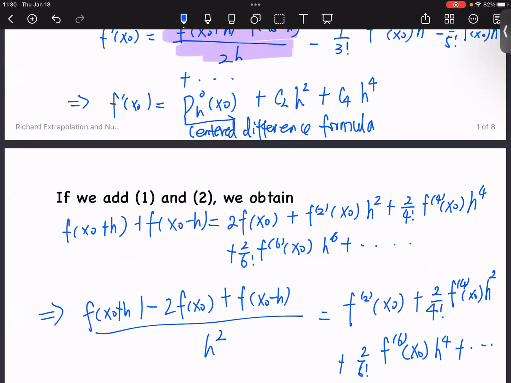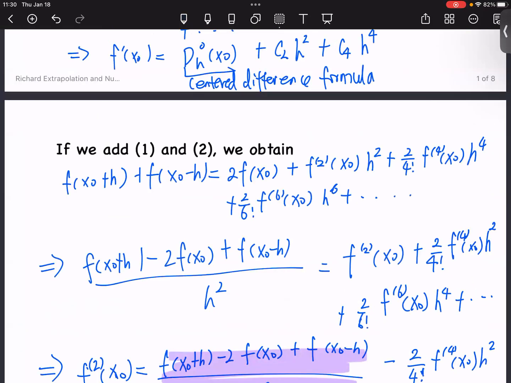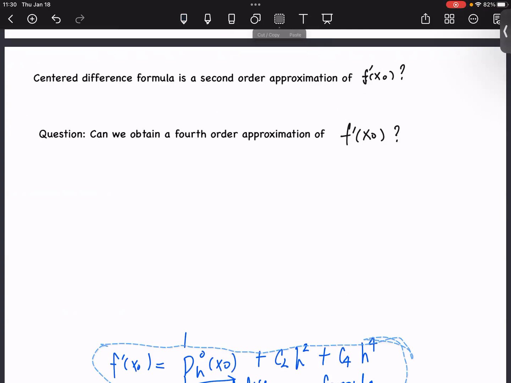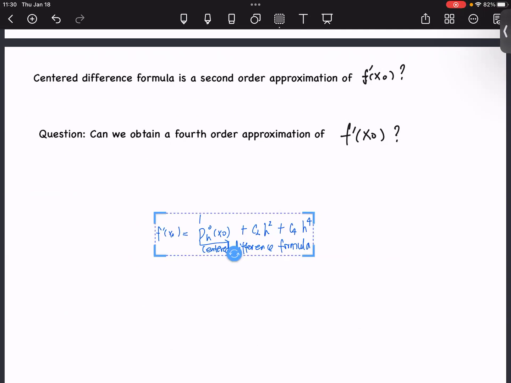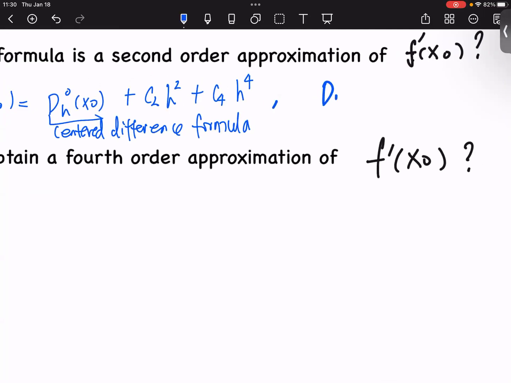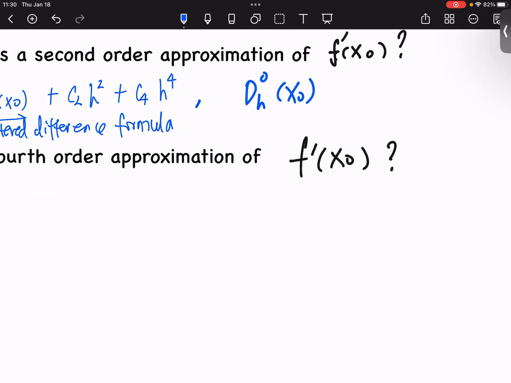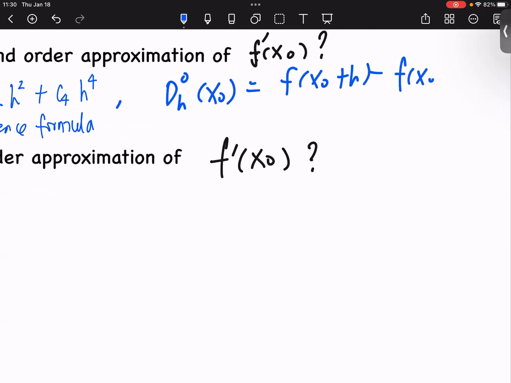So let us just do some copy and paste here. This is the central difference formula, x0 and h, which equals f(x0 plus h) minus f(x0 minus h), divided by 2h.